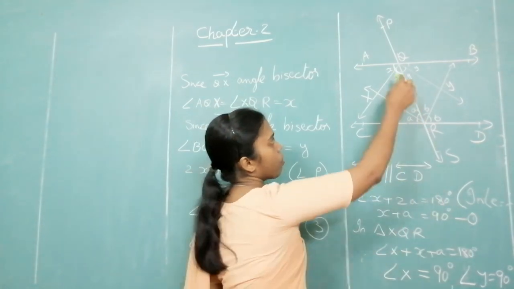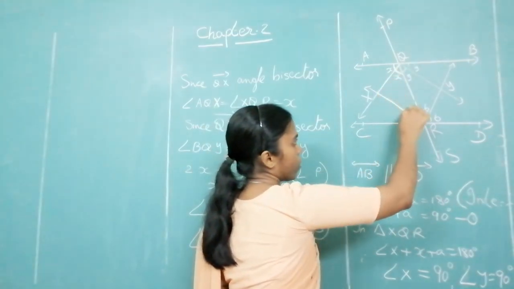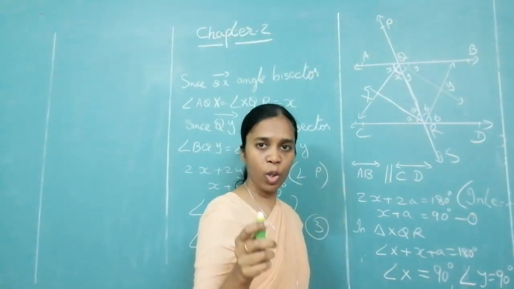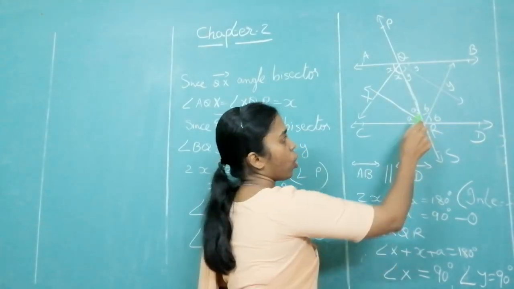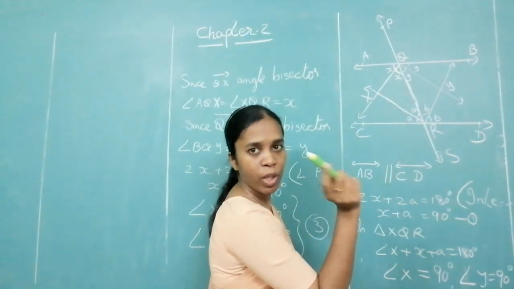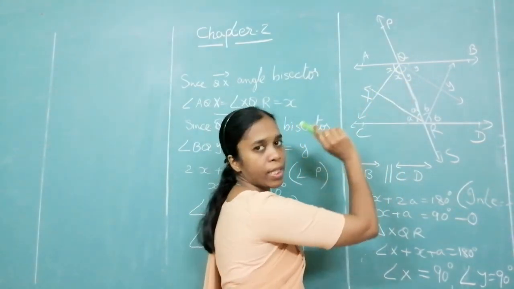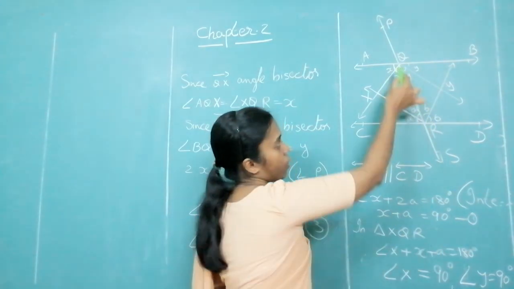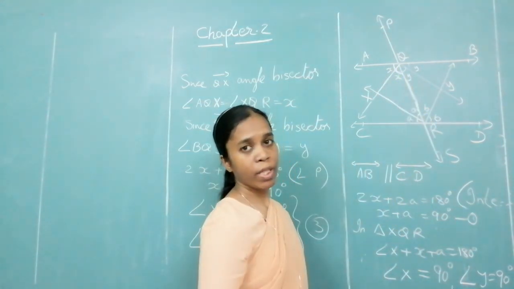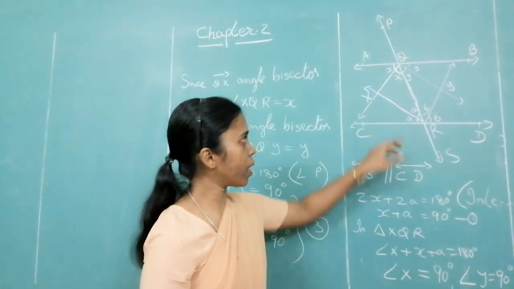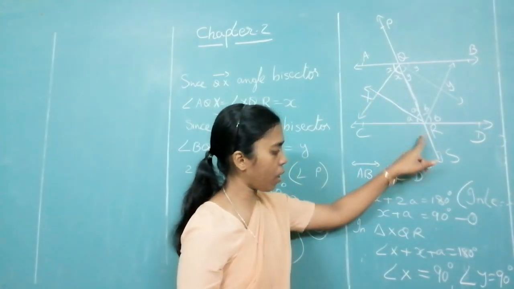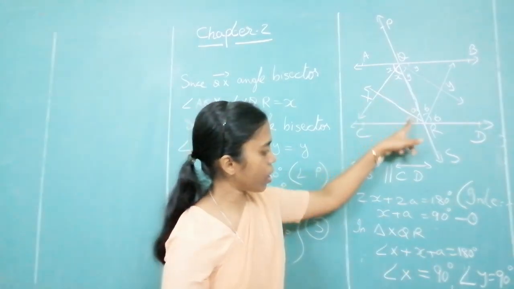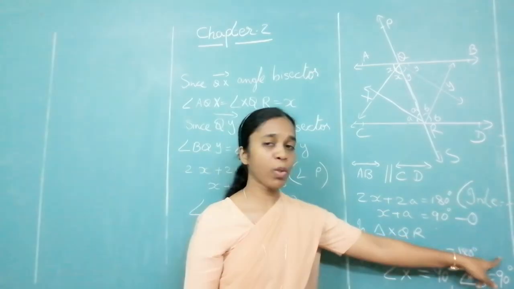In the next step, we will consider this triangle. Keep in mind, what do we want? We want to show all the angles are 90 degrees. Now we are going to show this angle as 90 degrees. This plus this, you already got as 90 degrees. In triangle XQR, the sum of the angles, x plus a plus angle X, is equal to 180 degrees.